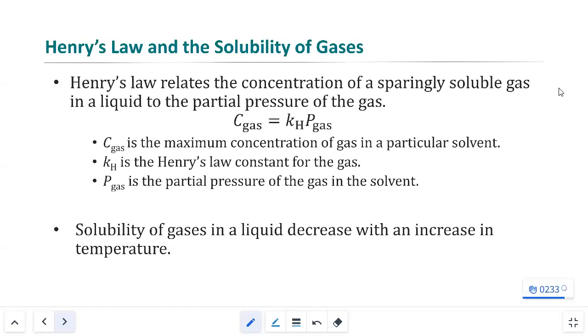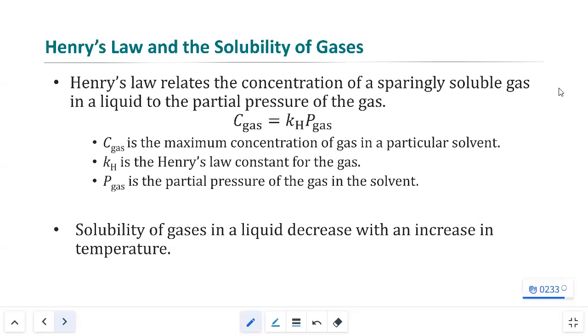Now, one other thing that Henry's law addresses is the fact that solubility is temperature dependent. When we increase the temperature, the gases will naturally, through their own molecular motion, find their way out of the solution. So if we're trying to dissolve gas into water, gas into any liquid, two things need to be present. It needs to be cold, and we need to have a good pressure above.